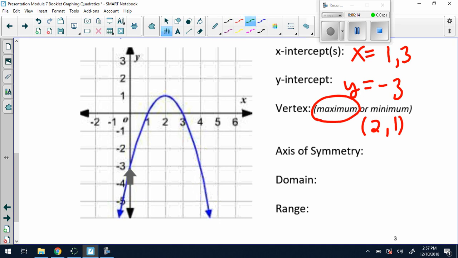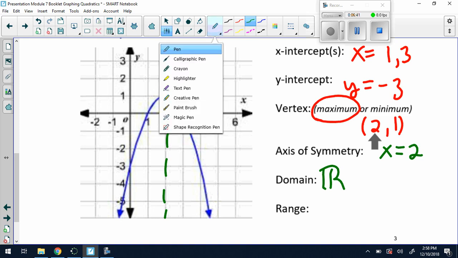Remember, my axis of symmetry is the vertical line that goes through my vertex. It's always going to be x equals, and in this case, x equals 2, and it's coming from right there. My domain, as it always will be for a quadratic, is all real numbers.